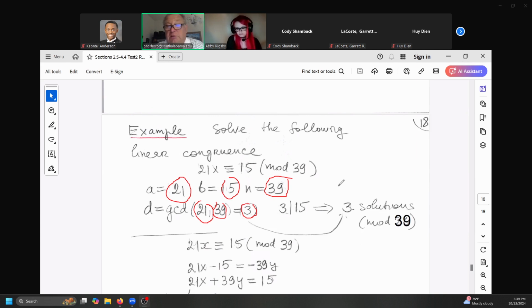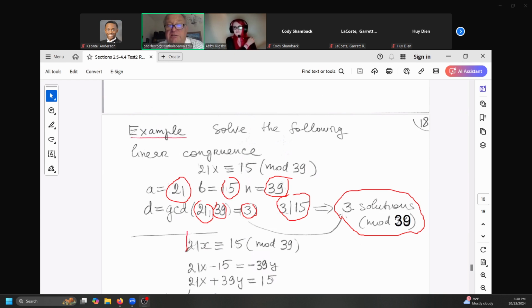We take B, 15, and divide by 3. Divisible. So this means everything is true. So what is the conclusion then? We have how many solutions? D solutions, and D equals 3. So 3 solutions. Okay. So this is an important new case: when not one solution, we have more solutions.